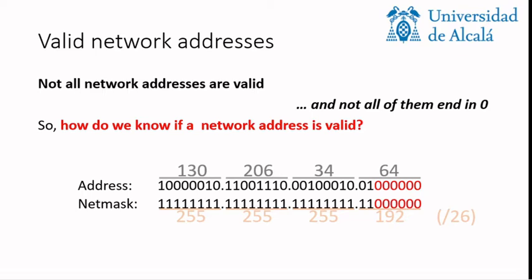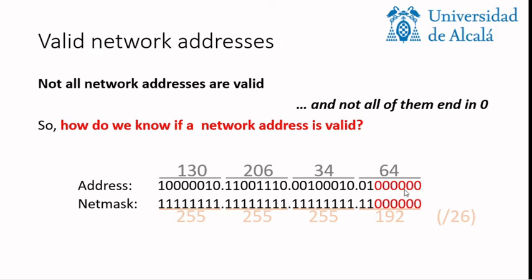The rule in this case is pretty simple. If the network address has at least as many zeros at the end, that is, on the right side, as defined by the mask, then the address is valid. In the example from this figure, this address, which is 130.206.34.64, we have 6 zeros, as you can see.